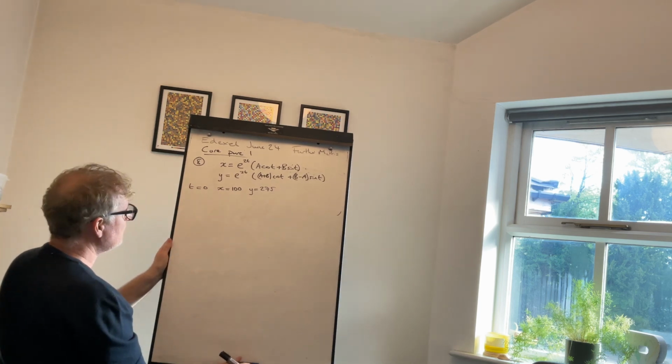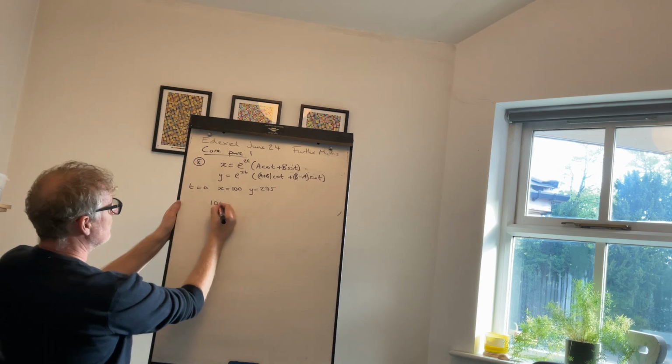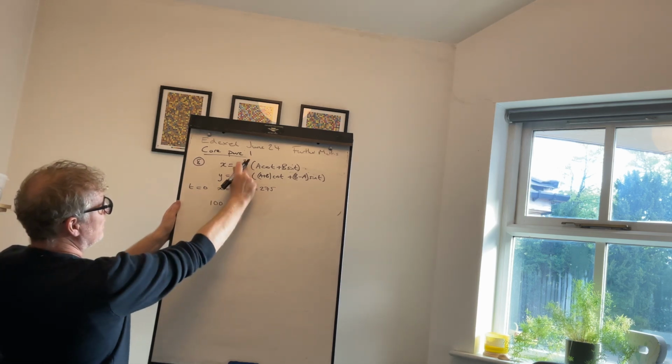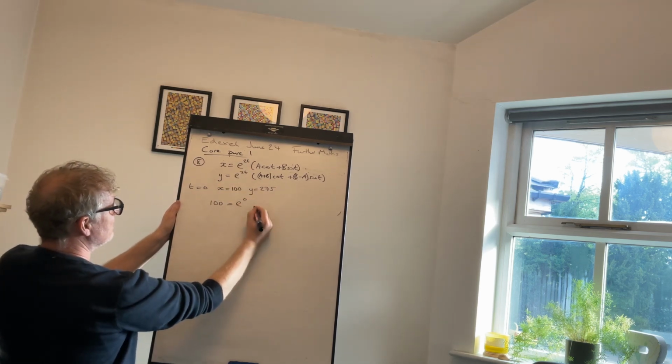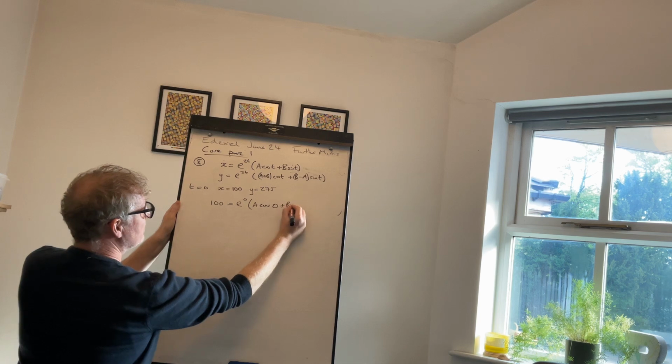Okay, so let's bung these in. So x is 100, t is 0, so you've got e to the 0 there. Obviously that's going to be 1, that's going to be nice. We're going to have a cos 0 plus b sine 0.